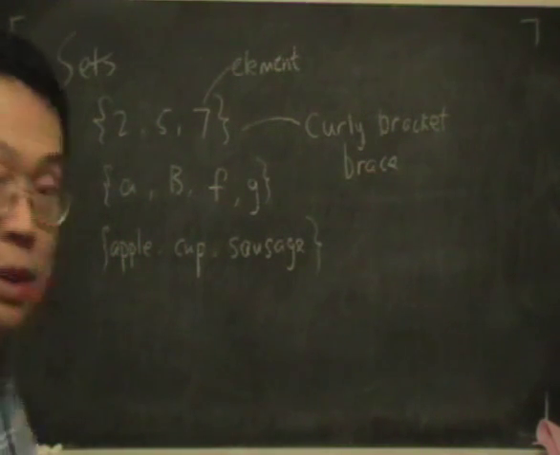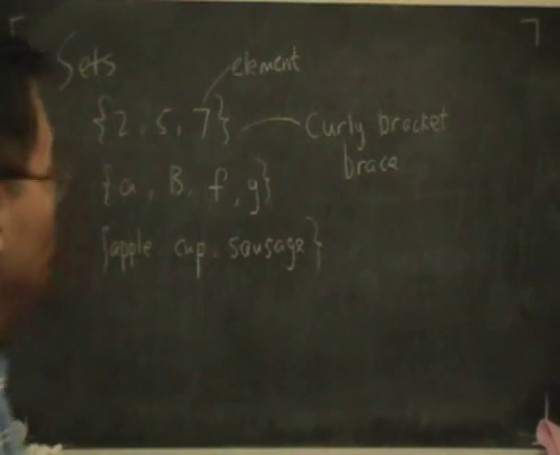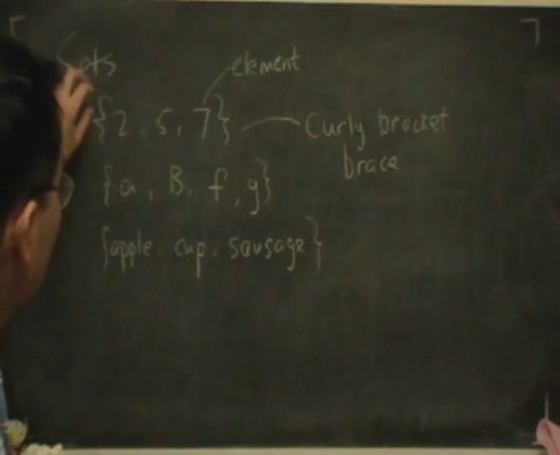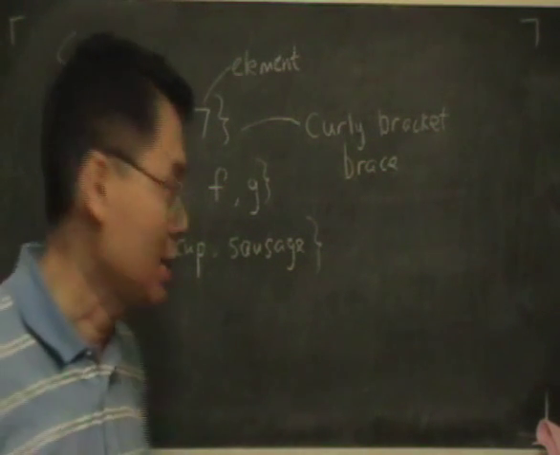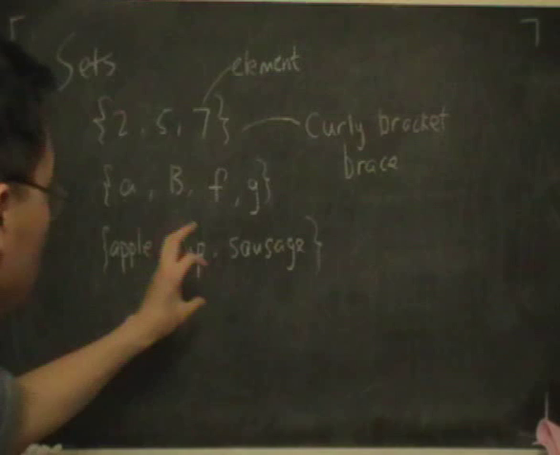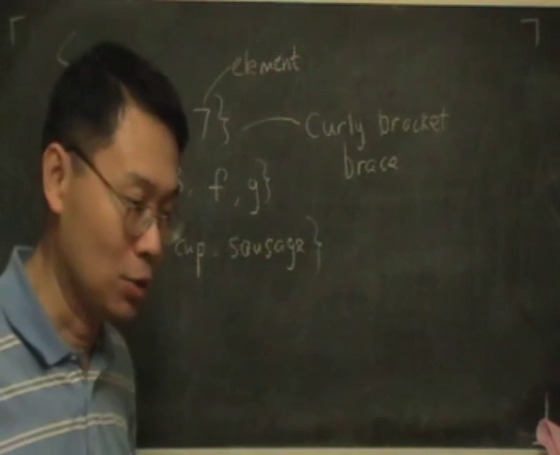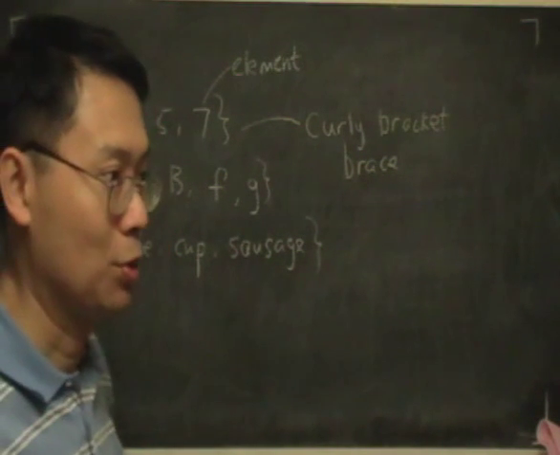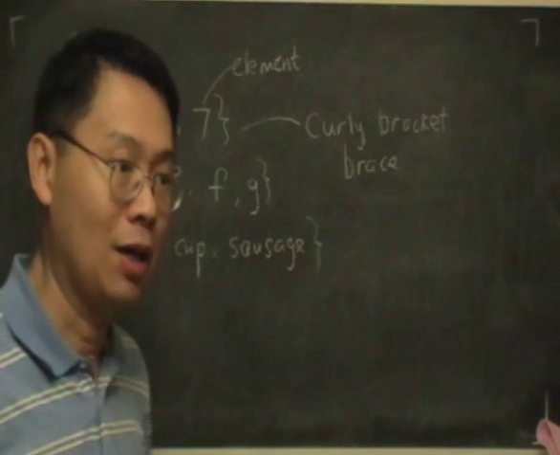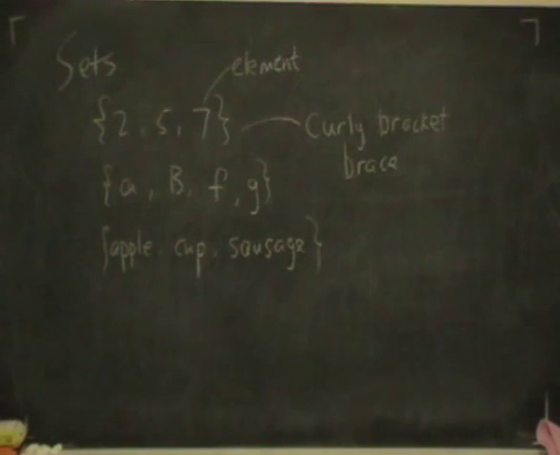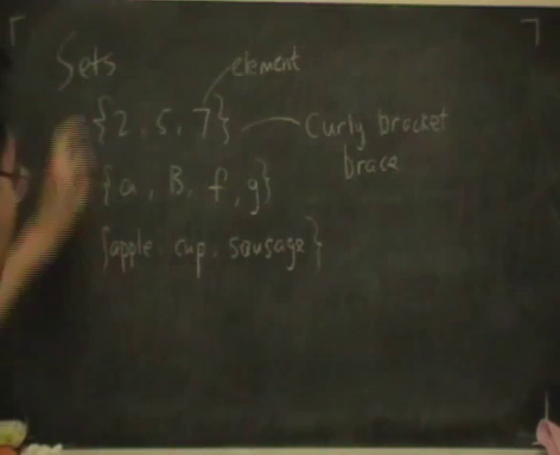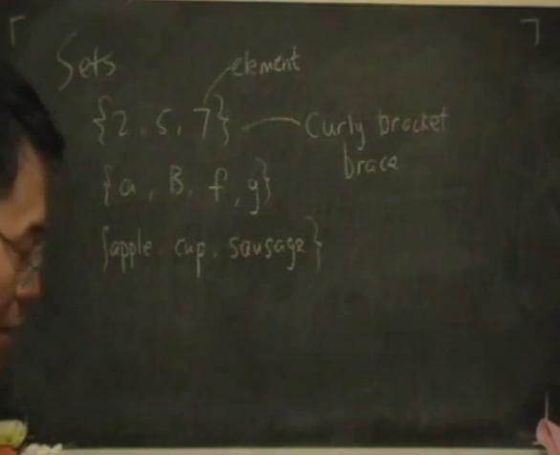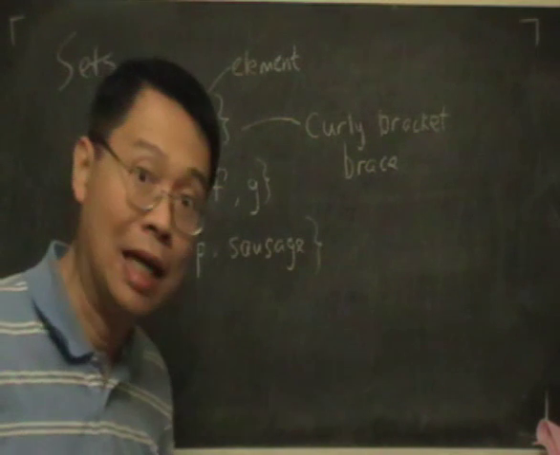It would be quite troublesome if I go around saying my set of numbers 2, 5 and 7, or my set of things apple, cup and sausage. That's quite a mouthful. You have to spell out everything in your set. So what we normally do is we give each set a name. And again, you can call it anything you like.